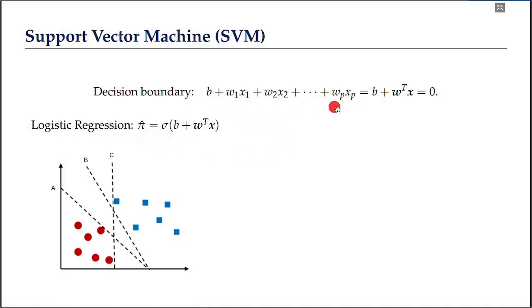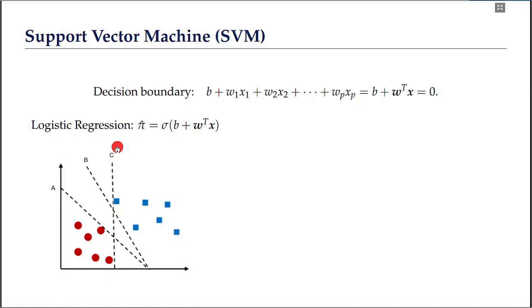So this decision boundary could be, for example, the line represented by A, or the line represented by B, or the line represented by C. Therefore, specific to these plots, we could have 3 different logistic regression classification models.